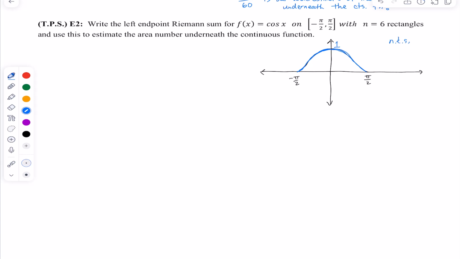Now we got to fit 6 rectangles here using a left endpoint. So I'm going to just divide my function into 6 subintervals, and I'm going to draw a left endpoint. There's my first left endpoint rectangle.